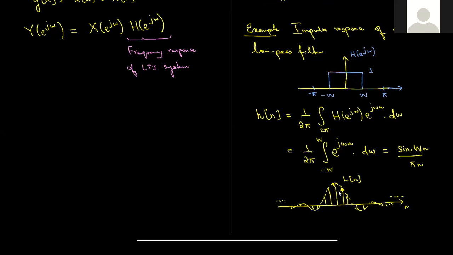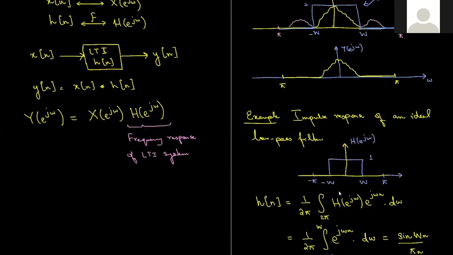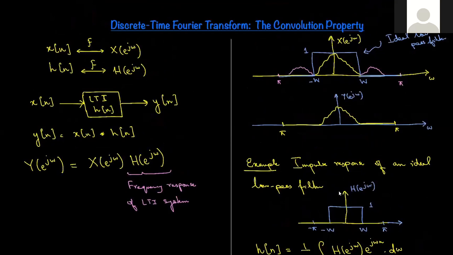That's the modulation property or the multiplication property. This is the convolution property. We're not multiplying two time domain signals, rather we're convolving two time domain signals, and because of that multiplication happens in the frequency domain. Okay, Jamshed?